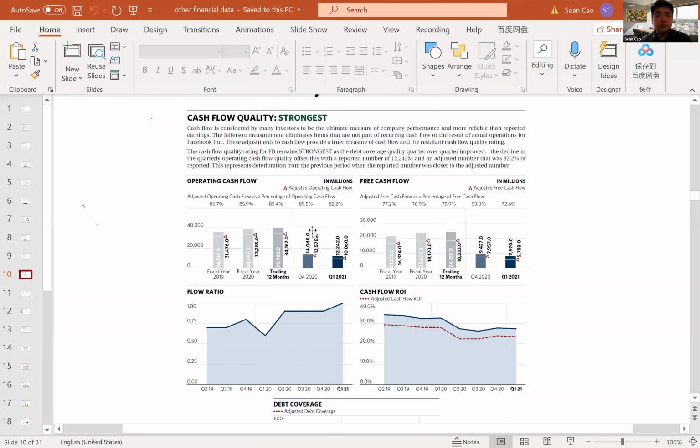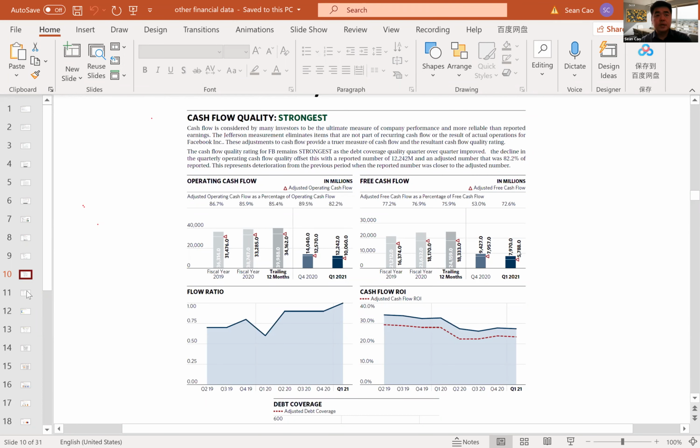They calculate operating cash flow, they calculate free cash flow, they talk about the flow ratio. So they use different ways to justify why they think cash flow is strong. You have to read this, and you have to do textual and numerical analysis to see if it's something you can trust.